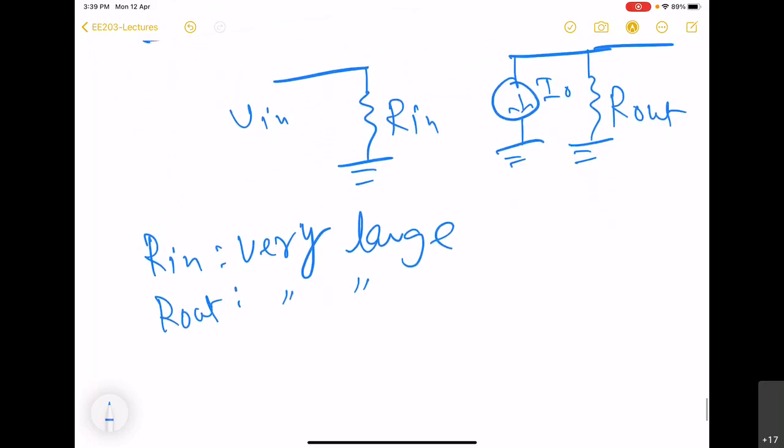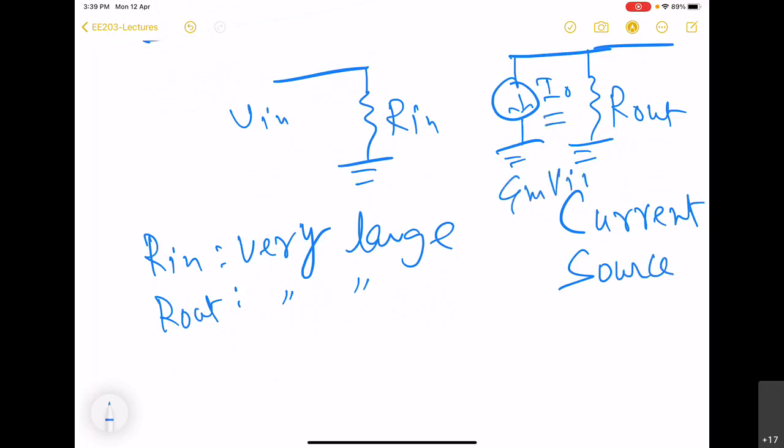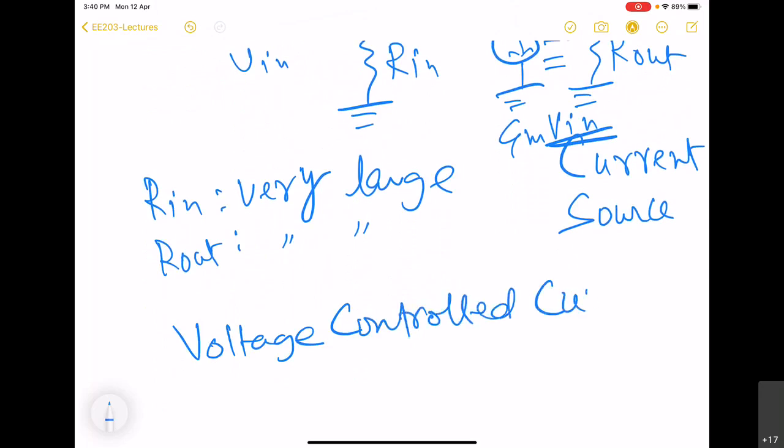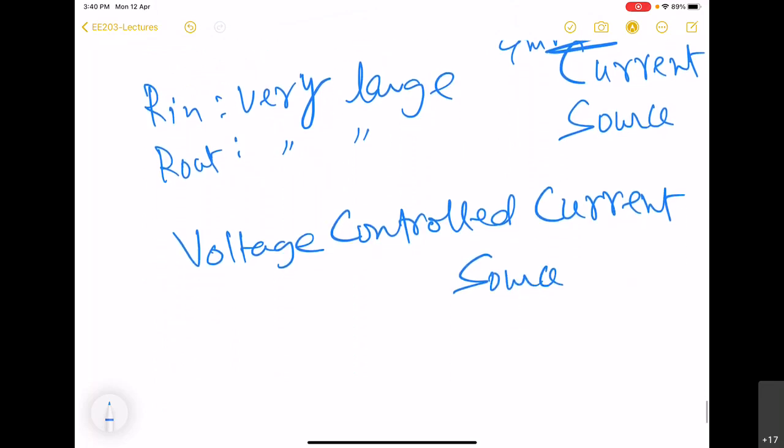And here we can see that on the output side, it is basically a current source whose value Io is controlled by the input voltage. So this amplifier is a voltage controlled current source. That means VCCS.